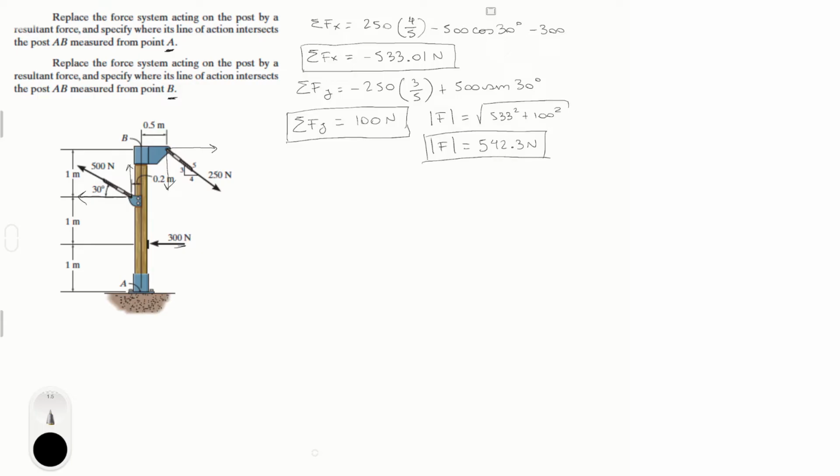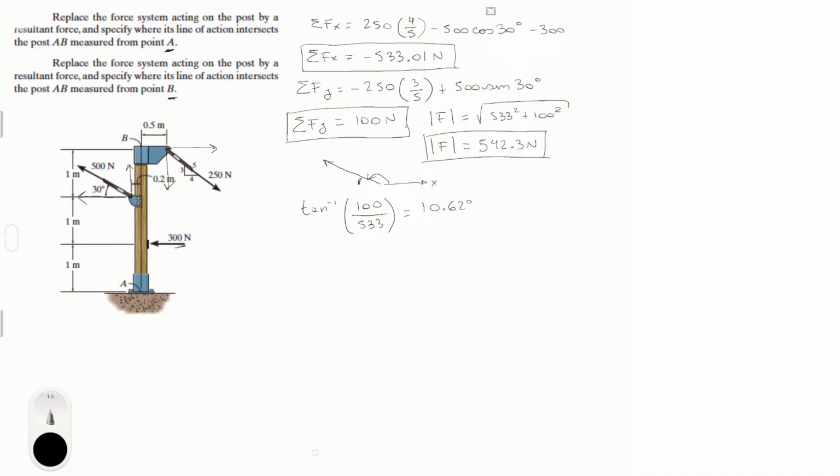Now if you have to find the angle, the force looks something like this. It's going minus 533 and positive 100, so it's going towards the left, and let's say this is the positive x-axis, and you have to find this angle. If you calculate the tangent inverse of 100 over 533, you will get the angle 10.62 degrees, which is obviously this angle right here.